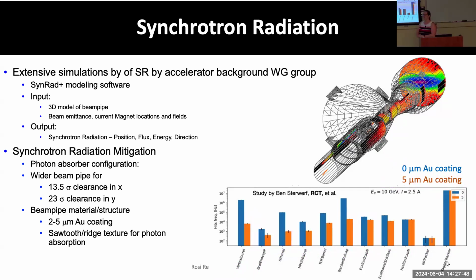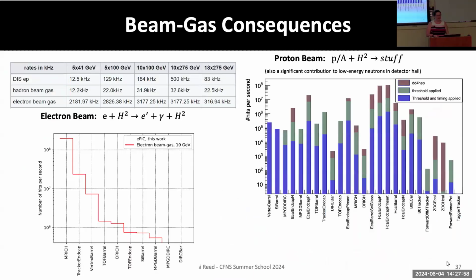So there are different things we can do, still under study, to deal with all of the radiation and issues that you need to take care of in order to be able to do the physics. Last but not least, I know I'm running a little bit slow, is beam gas issues. So the beam pipe is a vacuum. We do pump it out.